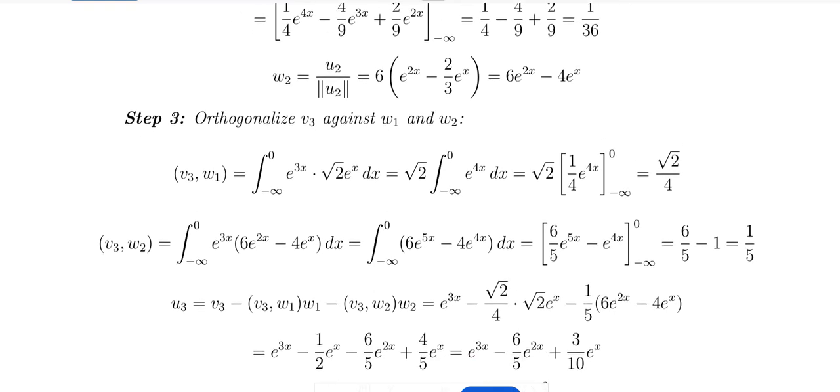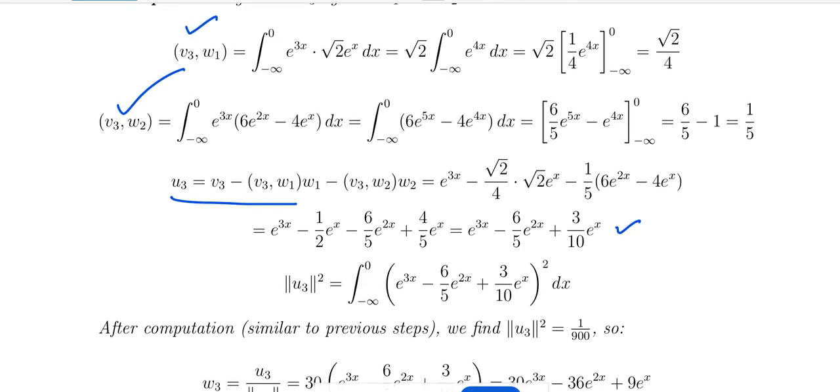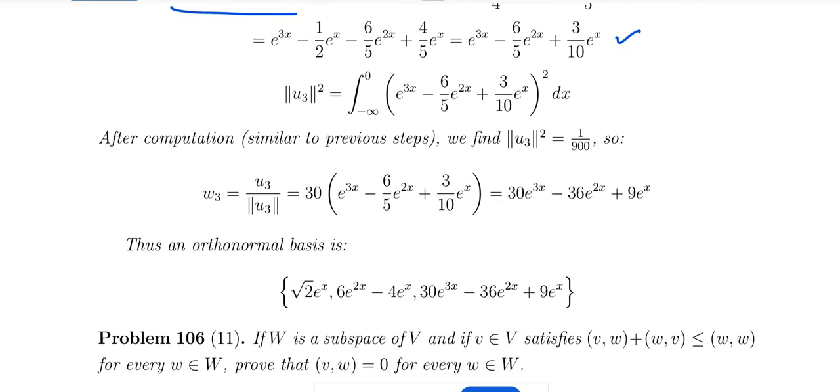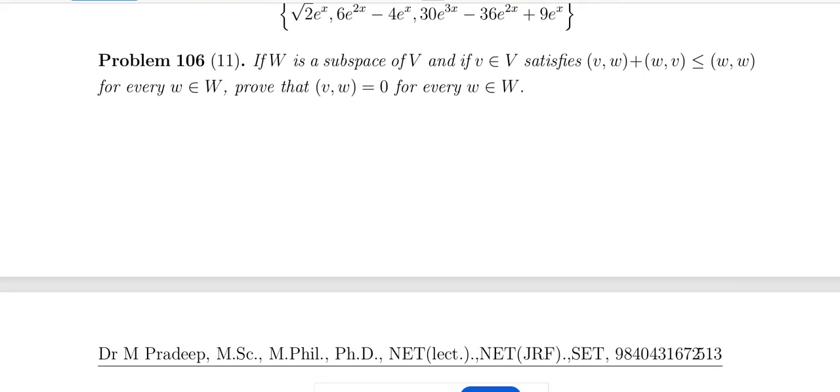And the same way, to find w3, we find the inner product of v3, w1 and the inner product of v3, w2. After finding both answers, u3 is v3 minus the inner product of v3, w1 into w1 minus the inner product of v3, w2 into w2. Then after finding norm of u3 square, we can construct w3. The w1, w2, w3 is called the orthonormal basis.